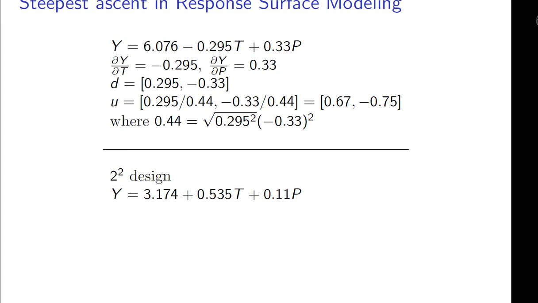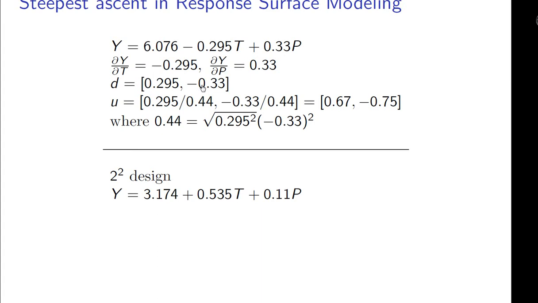So the direction in which I'll travel is depicted by the vector D for direction. Here is the direction, or related to the direction, in the direction of temperature and in the direction of maximum pressure.